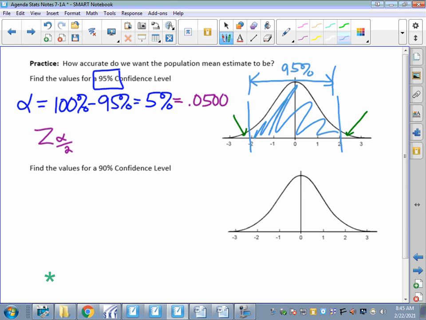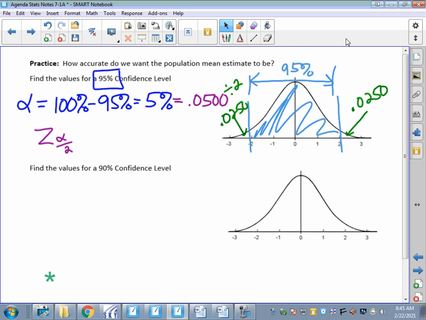Because it's a symmetric normal distribution, I know that it's split evenly. So I've got that 5% or 0.0500. If I divide by 2, that tells me how much I've got for either end, right? So that's 0.0250 down here and 0.0250 down here.